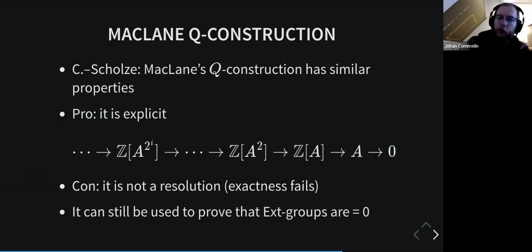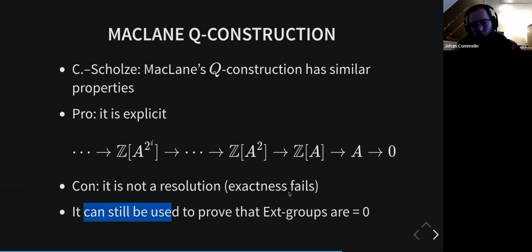And so that's what we used. And this lemma, this claim that it's good enough for showing that Ext groups are 0, I would say it's not completely straightforward, but it's certainly something that you can cover as soon as you've set up the whole terminology of Ext groups, etc. So it's basic homological algebra.